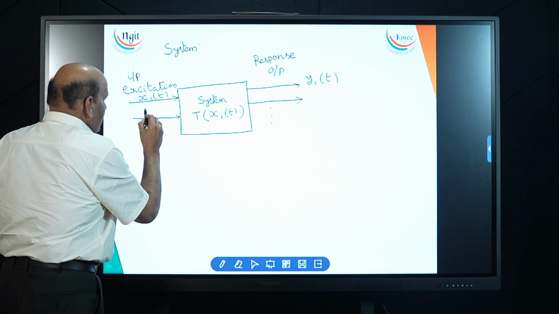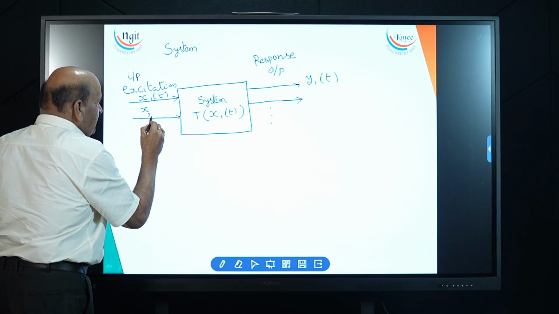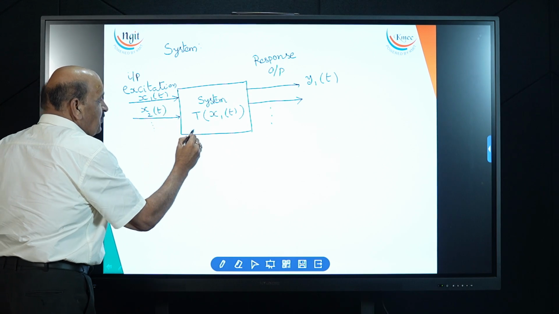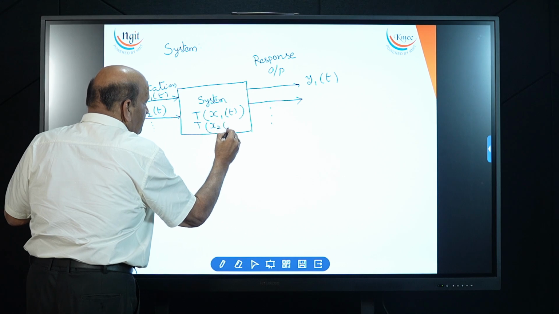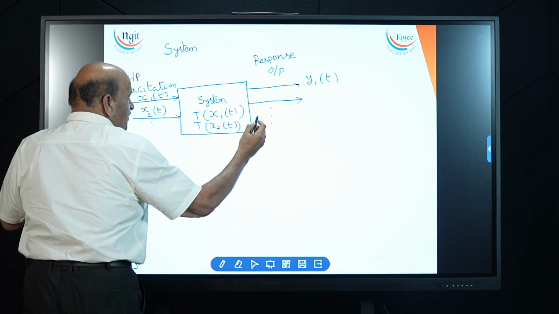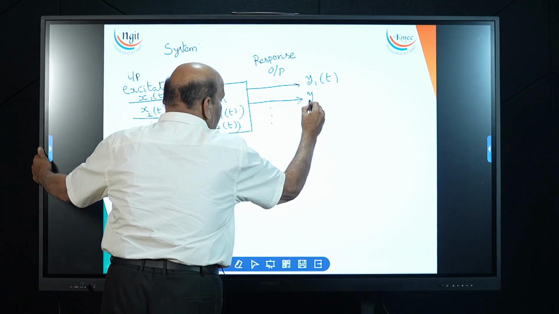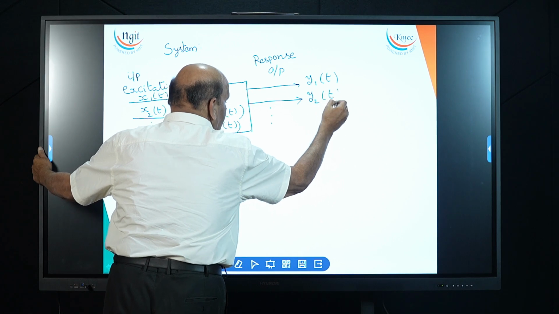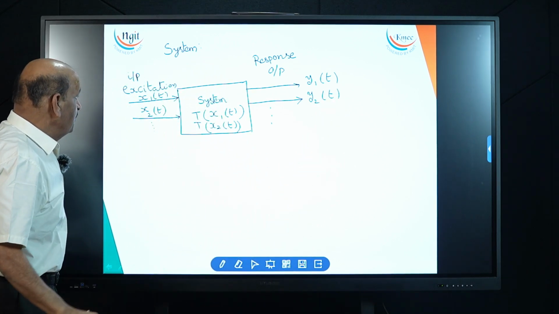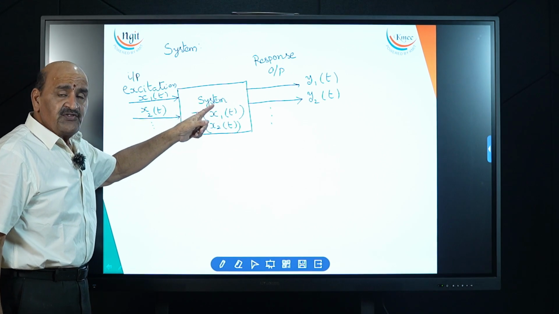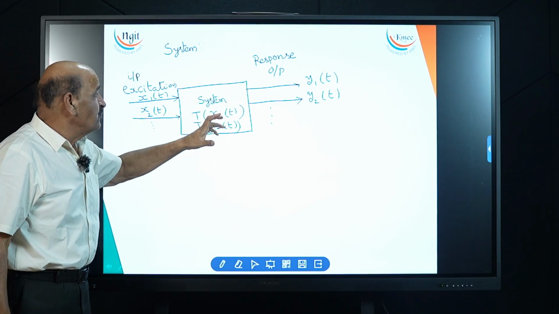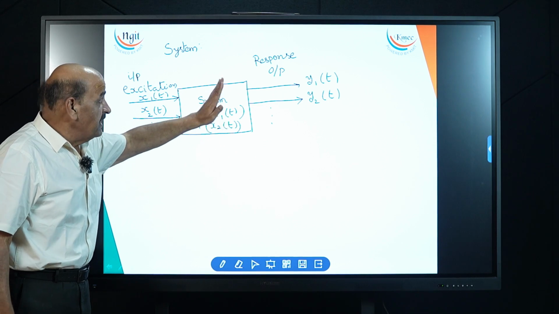If you give another signal, x2(t), it goes under transformation T of x2(t) and provides the corresponding response y2(t). How x1(t) is being converted we do not need to know, but we know the output.